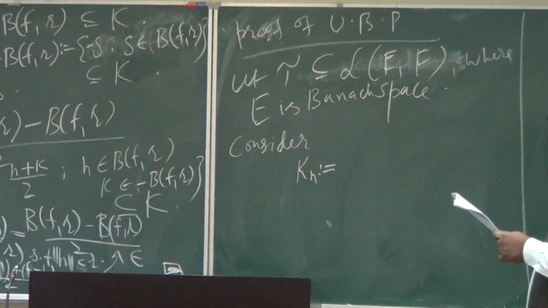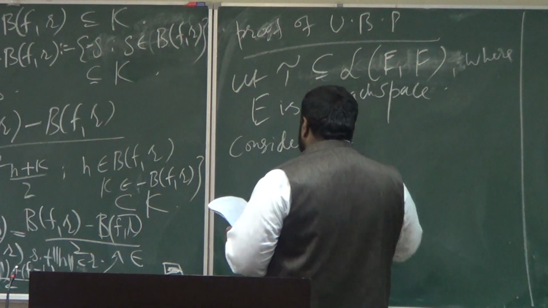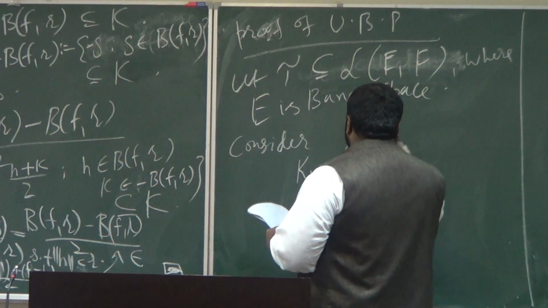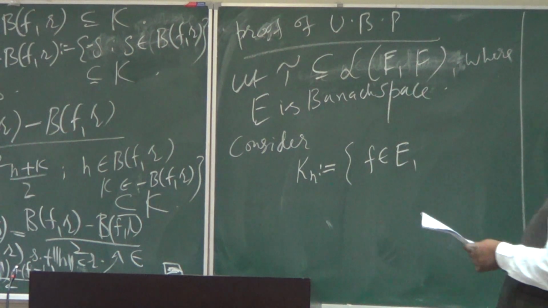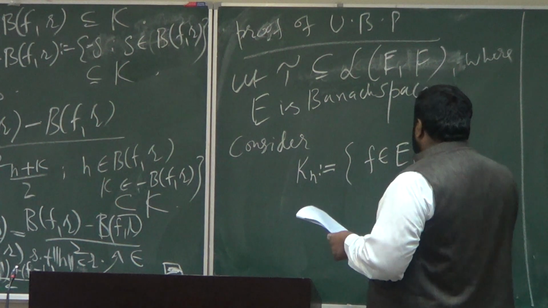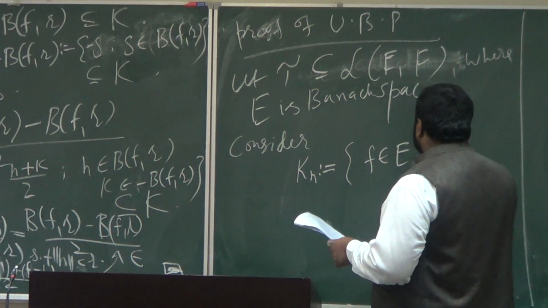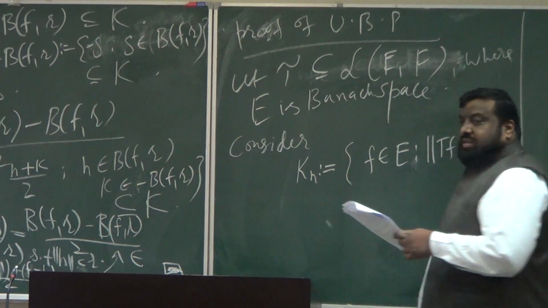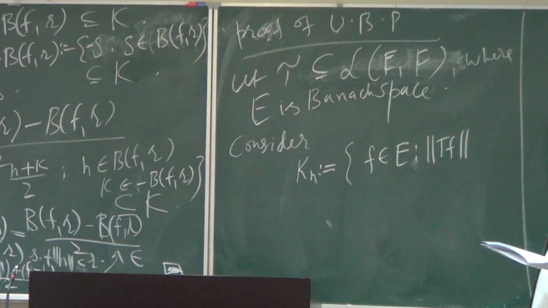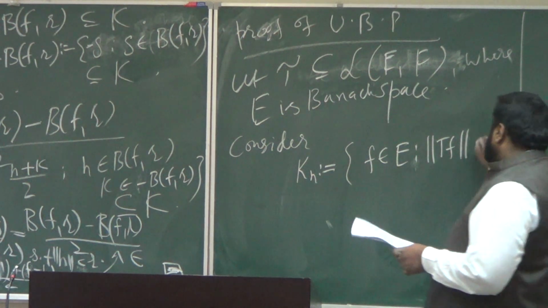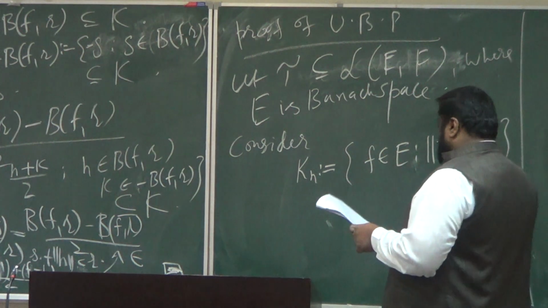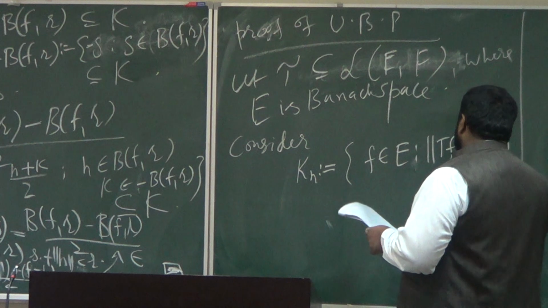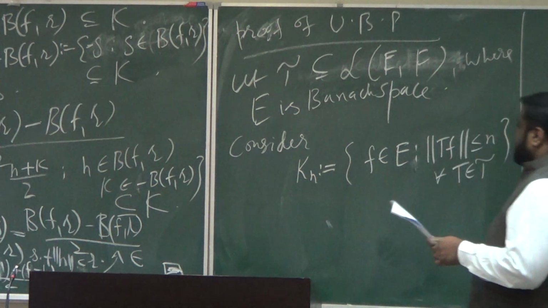So Kn consists of those points from E such that the norm of their images under T is less than or equal to n for all T in the collection.